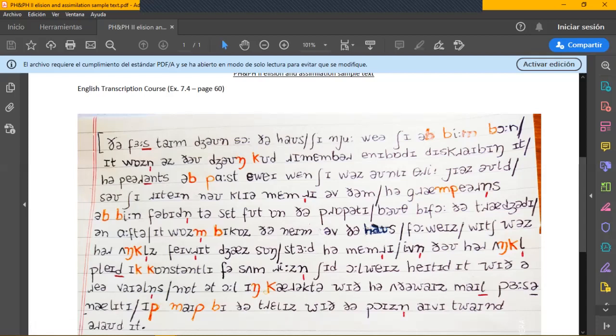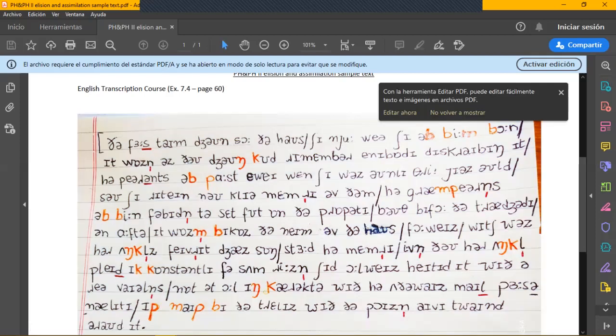The alveolar nasal has become velar because it is next to a velar sound, and I have removed the schwa here, vowel number 12, because it's in an unstressed syllable again.